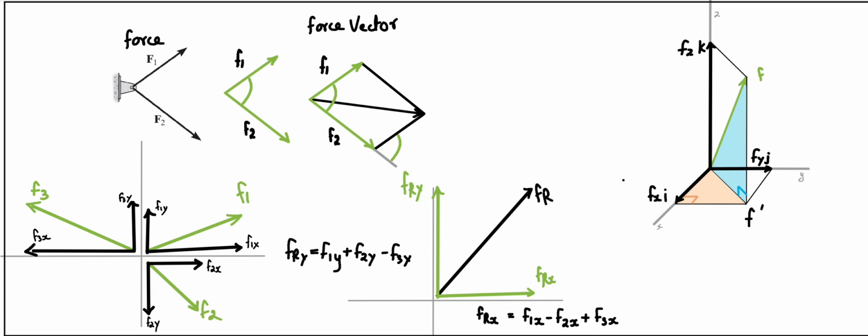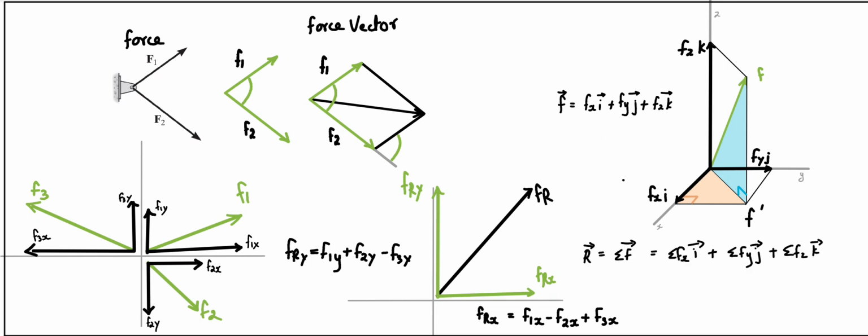Finally, we discussed how to express force in three-dimensional form. We express the F vector in three dimensions as Fx i plus Fy j plus Fz k, and it's easy to add two vectors by adding the x components, y components and z components individually. This is what we discussed in the previous video.